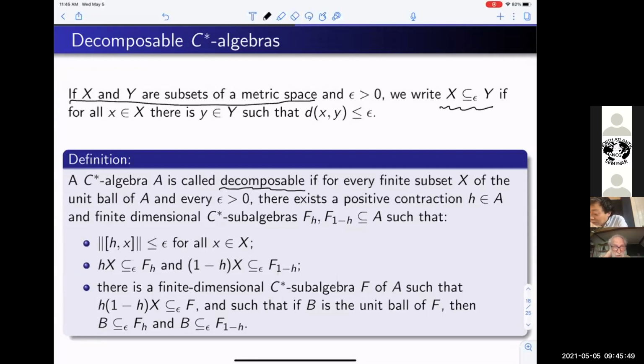If one subset is epsilon contained in another subset, maybe we just draw a picture: this is X, and Y is very close. Let me draw it in a yellow color.